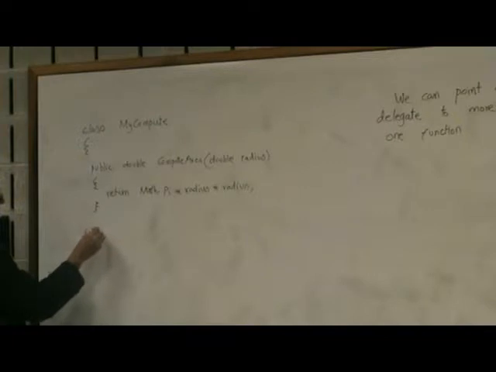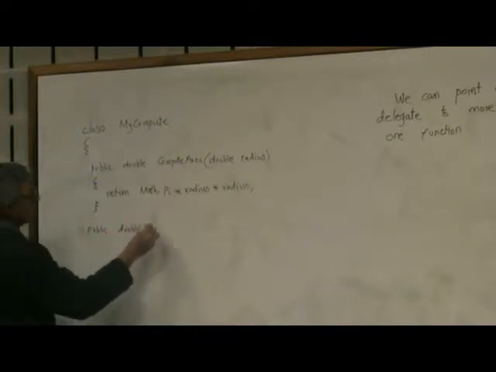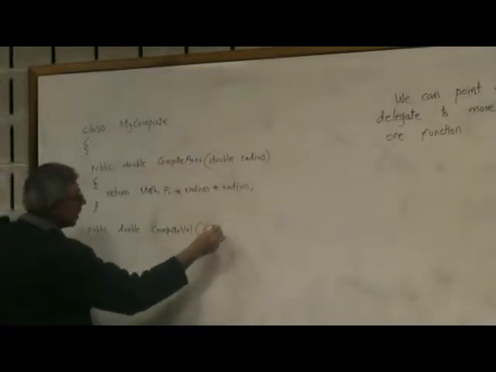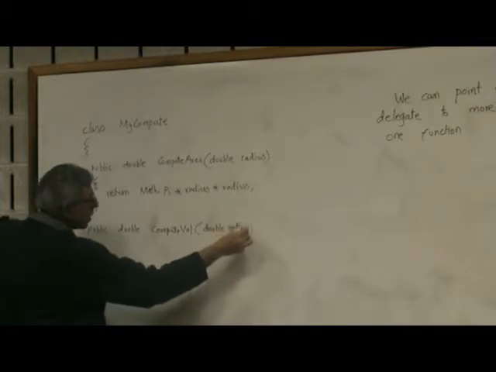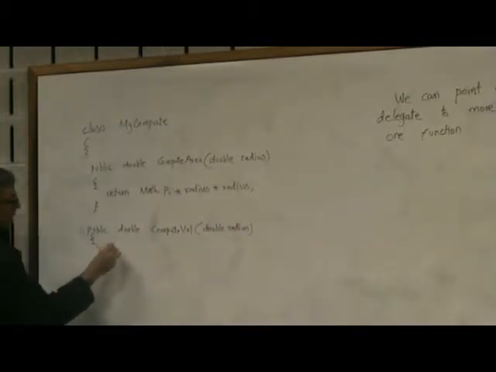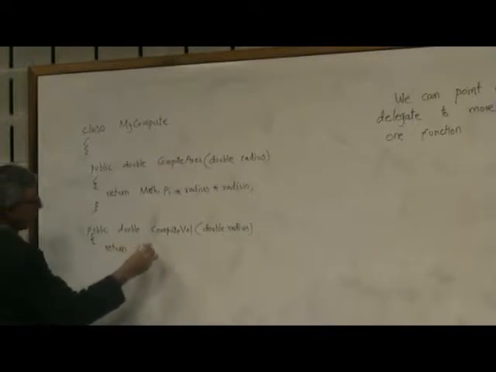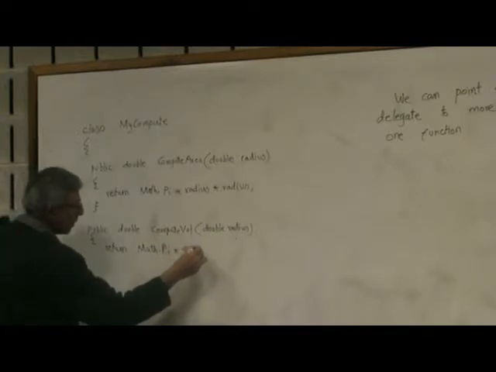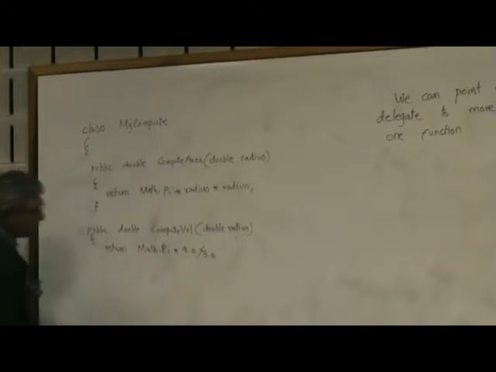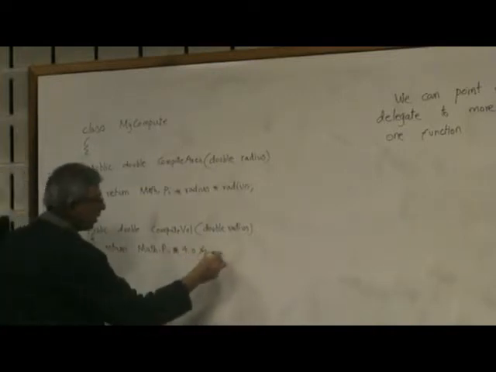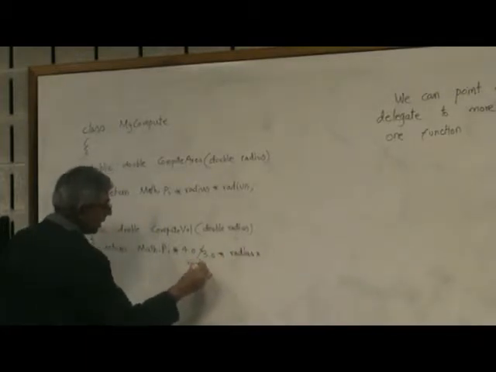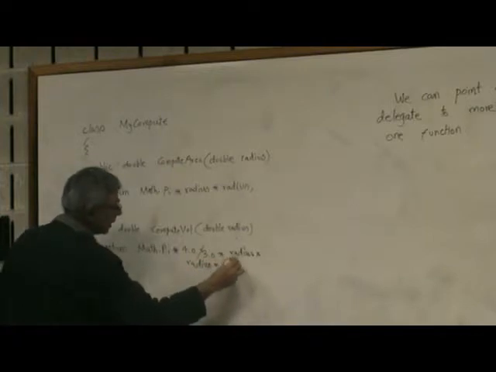Okay, so suppose I write one more function over here. Public double ComputeVolume, double radius, and do a return Math.PI times 4.0 divided by 3.0 times radius times radius times radius.